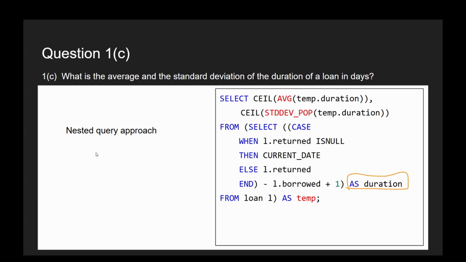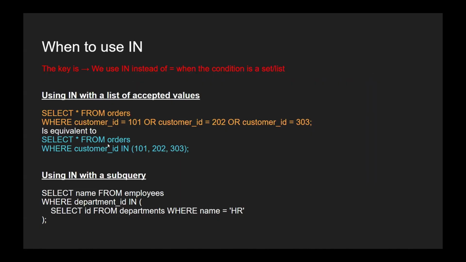Right. Before we move further, I also like to give you some tip on when to use the in clause. The key is that we use this keyword in instead of equals when the condition is a set or a list, or when we are doing a subquery. So let's take a look at the examples, shall we?